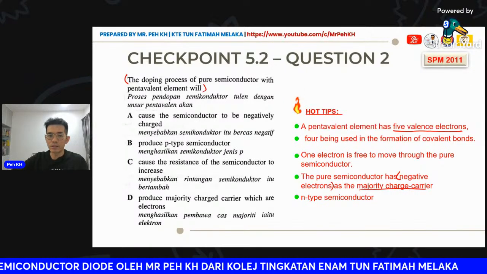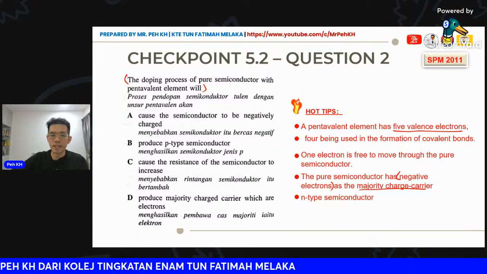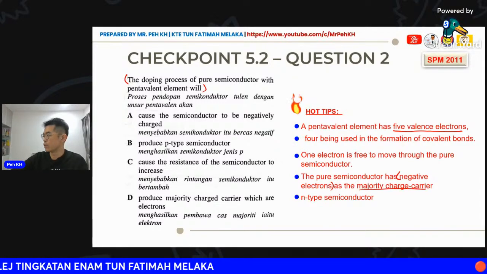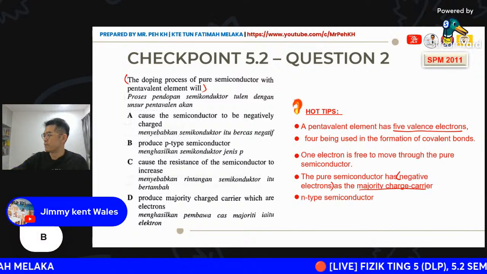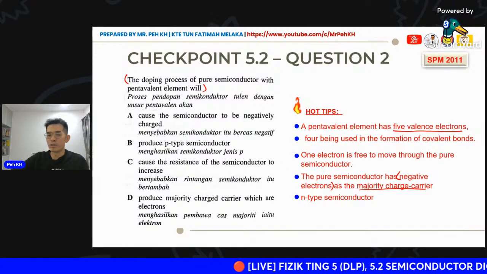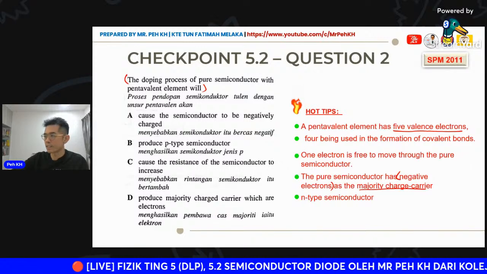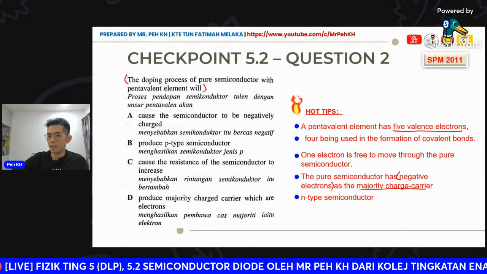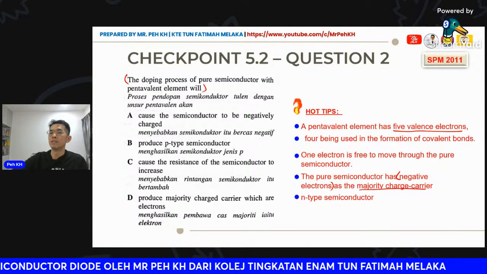Okay, so here for the first one, cause the semiconductor to be negatively charged is actually B. Actually, the A is wrong because the doping process just increases the hole or electron.